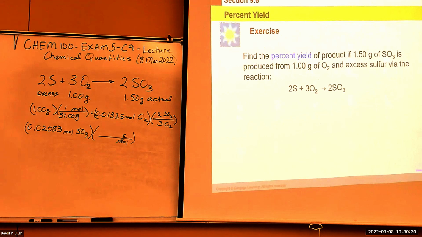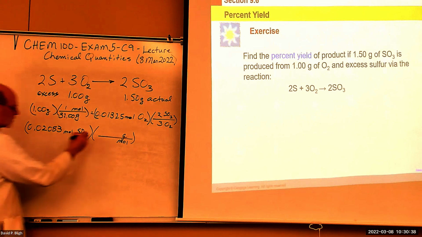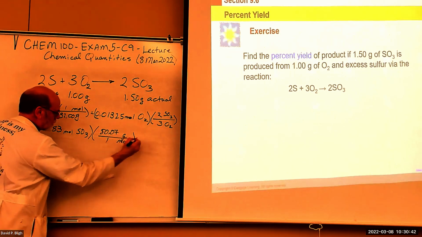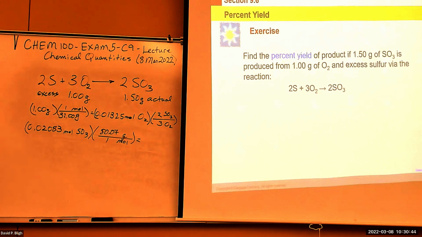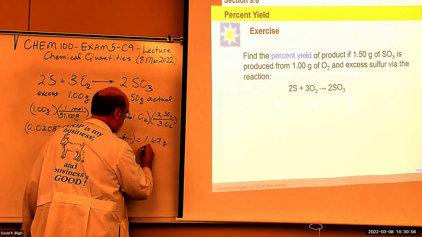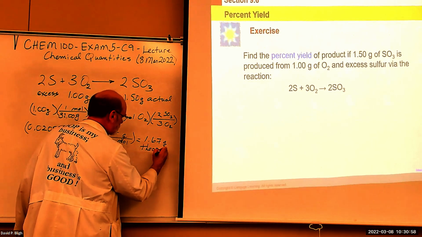In O3, 3 times 16 is 48. So that's 80.07, times 0.02083. And I get 1.67 with 3 significant figures, 1.67 grams theoretical.